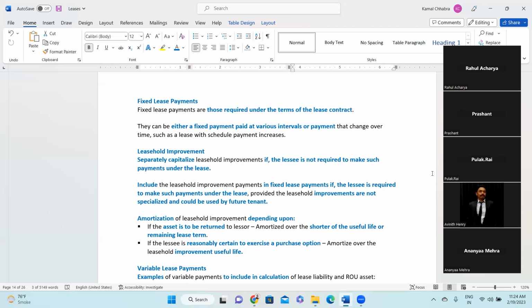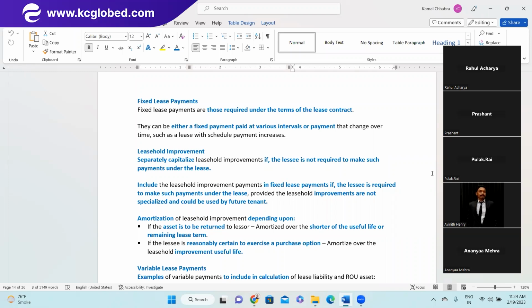So here are two categories of leasehold improvement. One is, let's say you are a company like Salesforce, Microsoft, EY, and all such big companies, right? You have taken a bare space and you are doing all the leasehold improvement. In that case, you'll be capitalizing the leasehold improvement in your books. The other case is where the company from whom you are taking the property on lease has done the leasehold improvement, generally like co-working spaces, if you have seen.